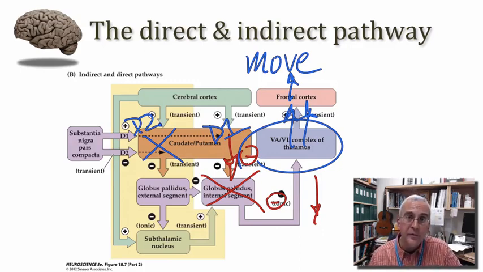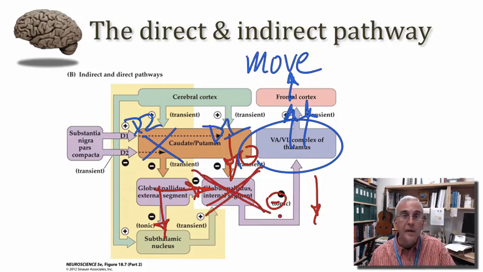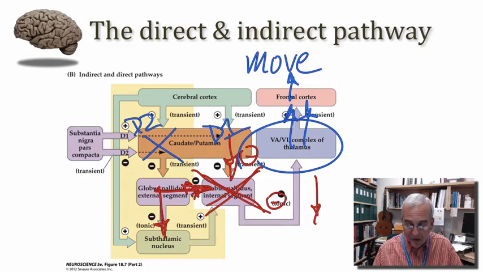So if we suppress the activity of the indirect pathway, that's going to lead to an increase in the inhibitory output of the external segment of the globus pallidus. That will contribute to the shutting down of the internal segment of the globus pallidus, which will facilitate movement. So the internal segment is being suppressed by this direct projection, and the excitatory drive on the internal segment from the subthalamic nucleus is being shut down.